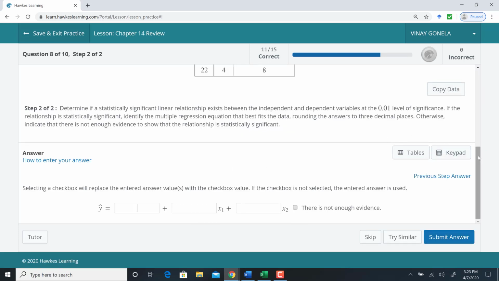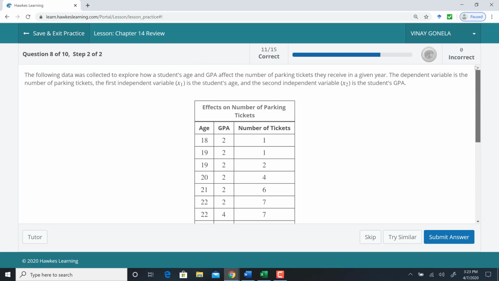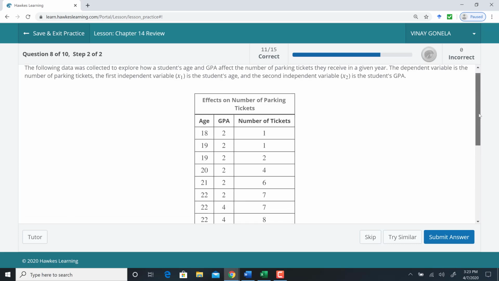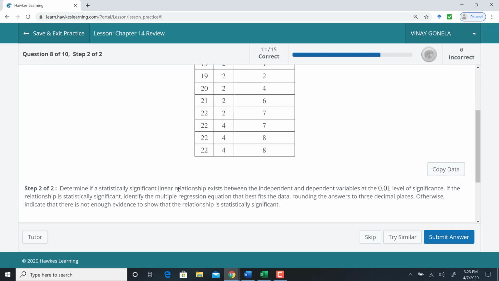The next question is for the same problem. They are asking to determine if a statistically significant relationship exists between the independent and dependent variables at the 0.01 significance level. If the relationship is statistically significant, identify the multiple regression equation that best fits the data, rounding the answer to three decimals.